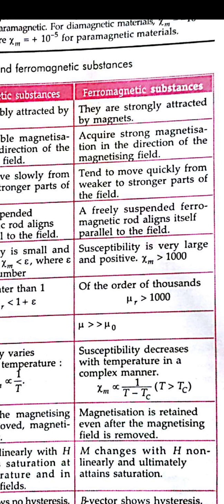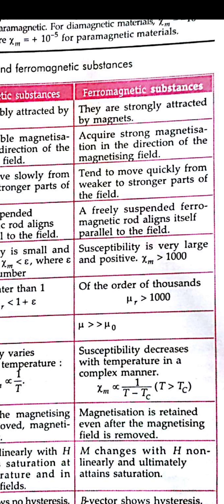So in the domains of the ferromagnetic material in the magnetic field, they align themselves parallel to the direction of the magnetic field. When they are unmagnetized, they point in random directions, and when they are slowly magnetized by the magnetic field, they move and expand the region.